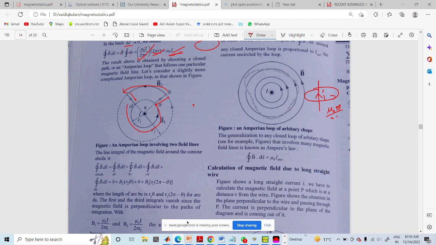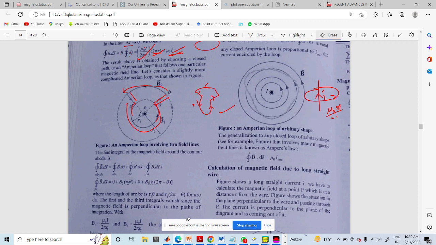This is the direction of the loop, this way, this way, this way, and this way.